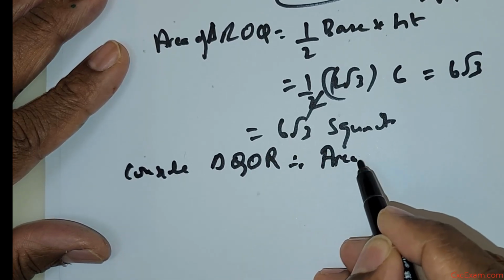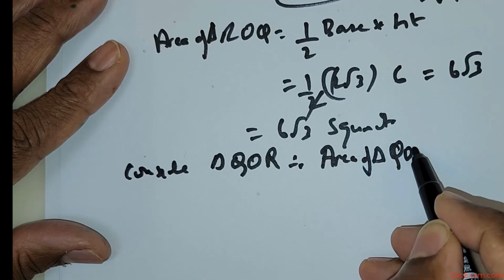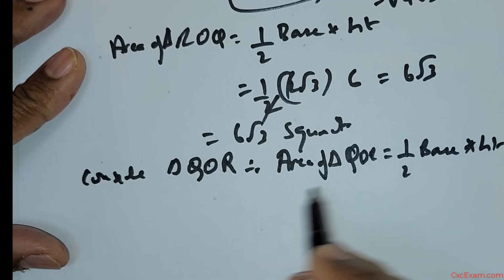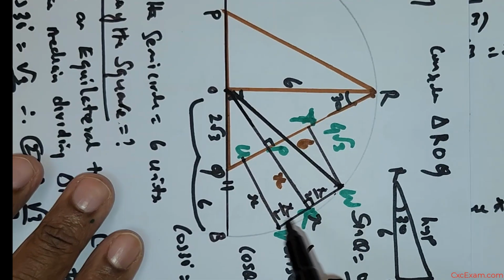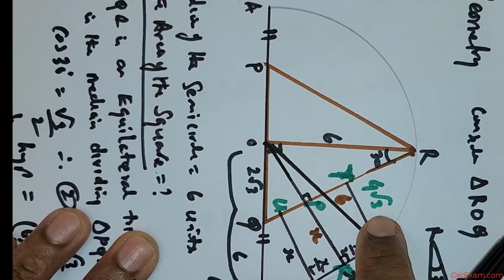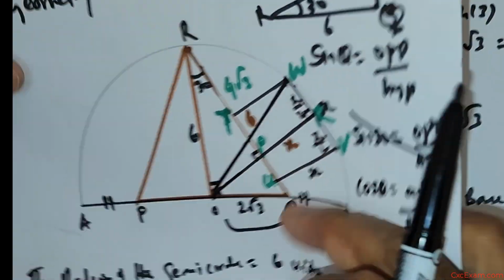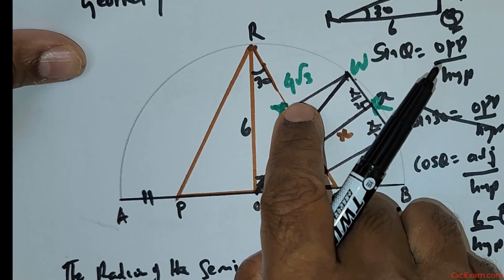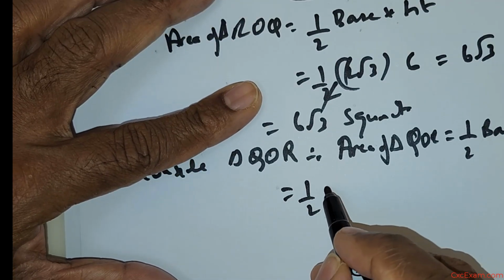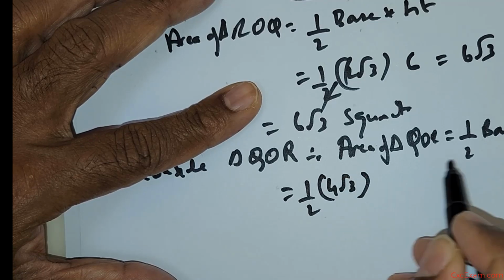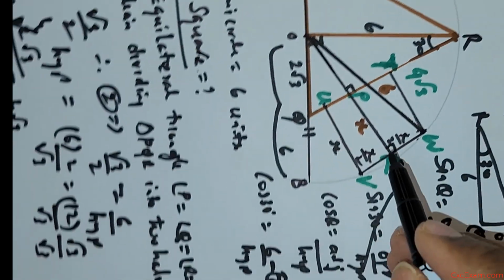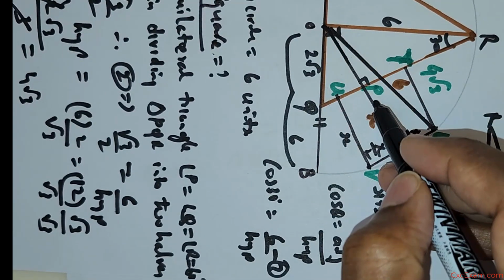Therefore, the area of triangle QOR is half times base times height. Now the base is QR, which is 4 times the root of 3. So the base is 4 times the root of 3, multiplied with the height. The height we are taking as OP. OP is the height.